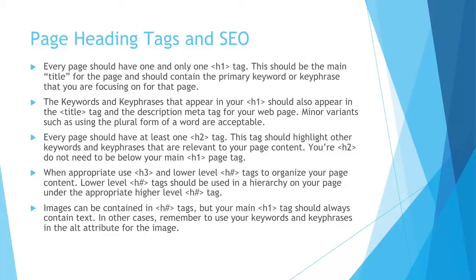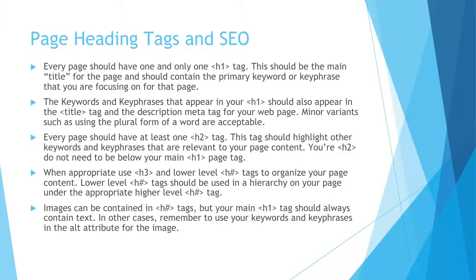Is it an H1 tag, an H2 tag, an H3 tag, which are the three main heading levels that you're going to be using on your web page. Now, HTML actually has heading tags all the way through level 6, so you can also use H4s, H5s, and H6s to indicate smaller headings on your page.